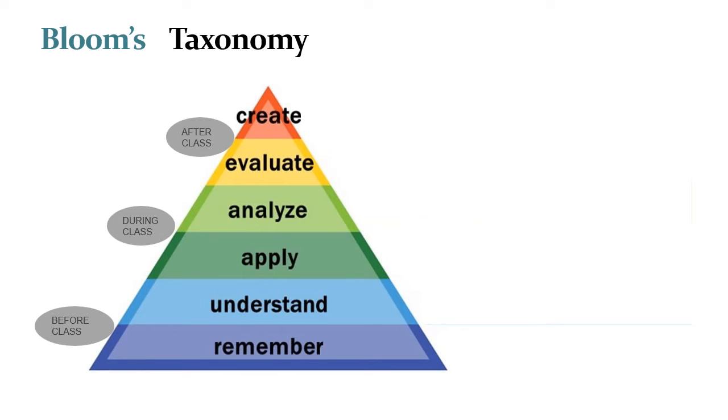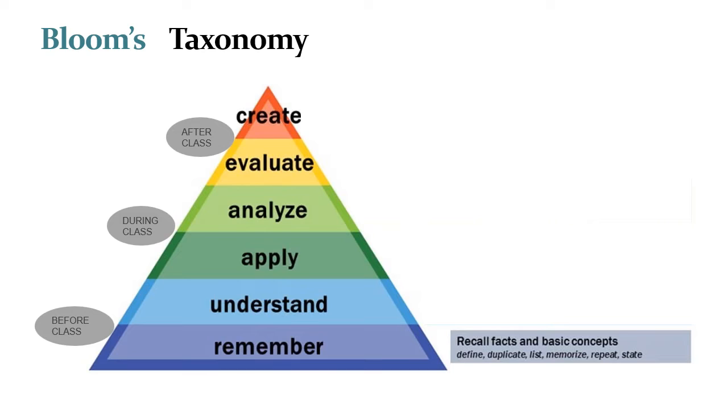Bloom's taxonomy. We have to remember these steps: before class, during class, after class. If we notice in this triangle, we have the names: remember, understand, apply, analyze, evaluate, and at a higher level, create. Now we have to remember step by step.